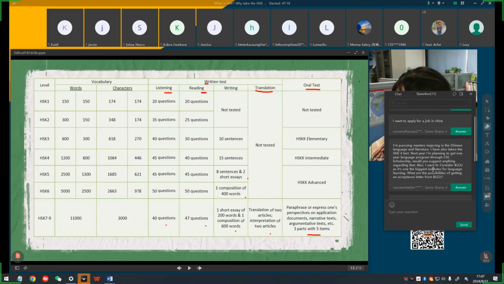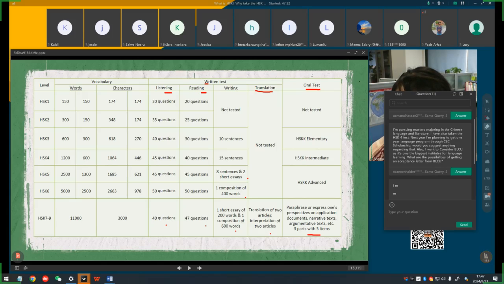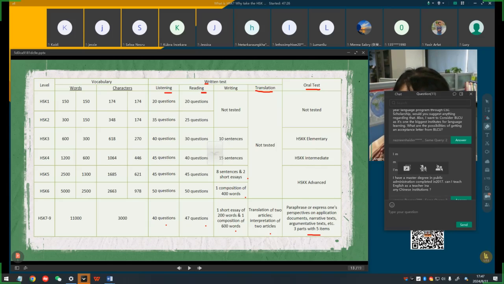The next question is quite long, so maybe you can just send me a message later so I can answer you. Usually, as I said, if you want to apply for university or scholarships, they will require HSK 4 or plus, depending on different universities and their policies.